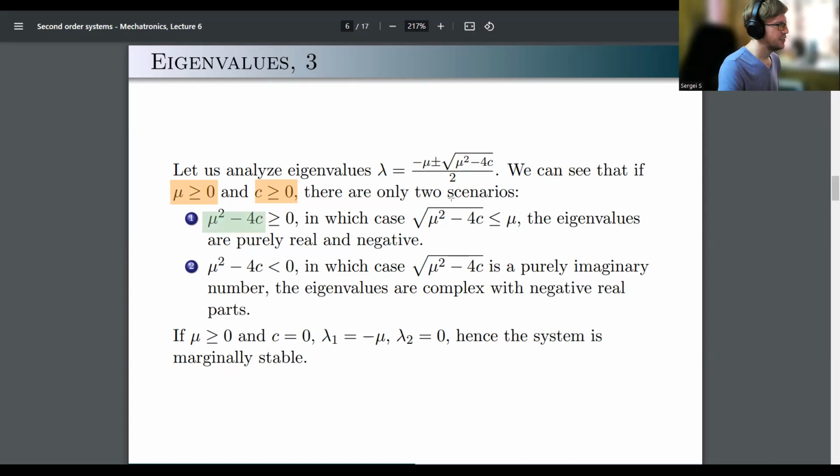One is when this value under the root is also positive. What does it mean for it to be positive? It means that this square is bigger than 4c. So it is not sufficient for those two to just be positive. For this scenario specifically, we ask for mu squared to be bigger than 4c.